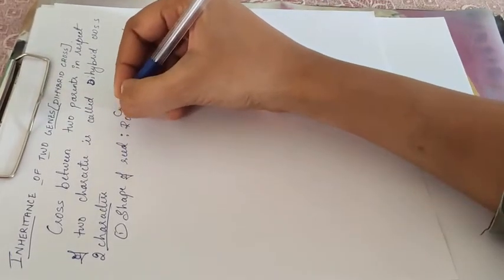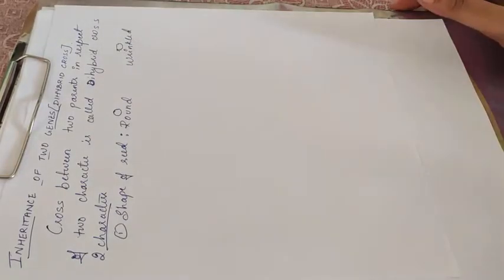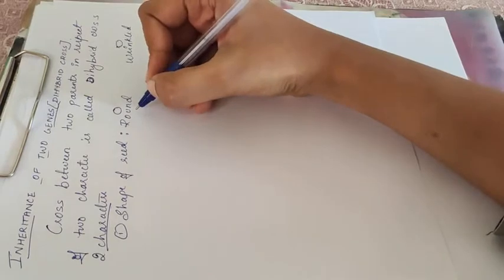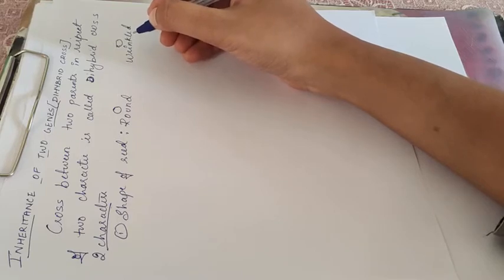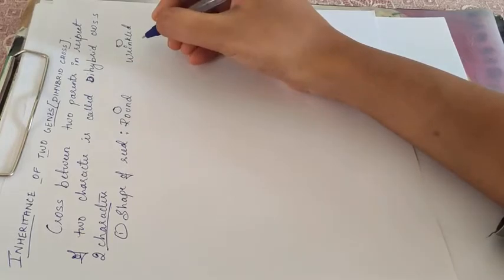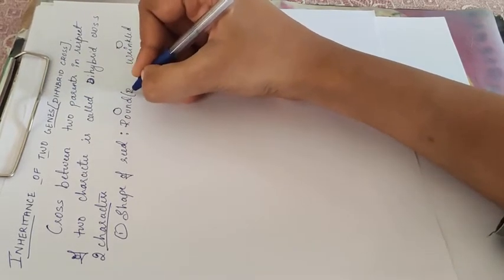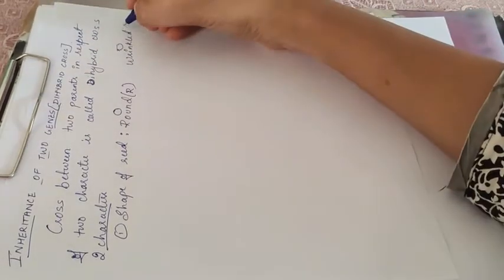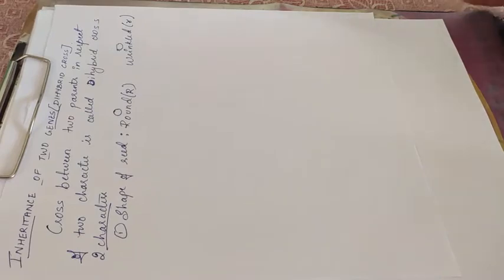Round means like this, and wrinkled is something like this, like a shrunken one. Here round is dominant and wrinkled is recessive. Similarly, there tall was dominant over the dwarf plant. Like that only, here round is dominating and wrinkled is the recessive form. If I represent round by capital R, wrinkled will be represented by small r. Clear? This is one character.